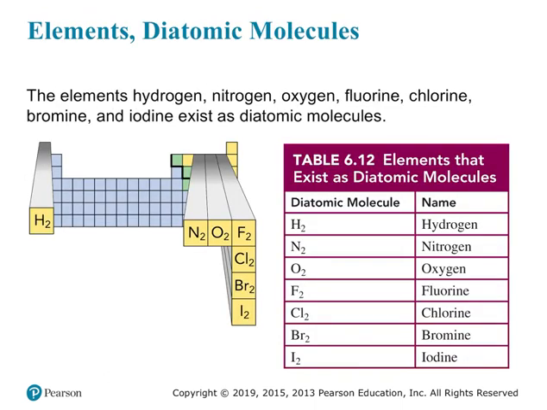So these are what we call diatomic molecules. There are certain elements that are just always found in a pair with themselves. So that's hydrogen, nitrogen, oxygen, fluorine, chlorine, bromine, and iodine. Those all exist as diatomic molecules.